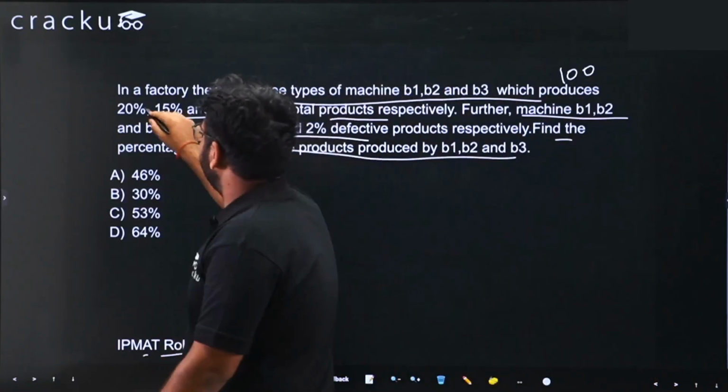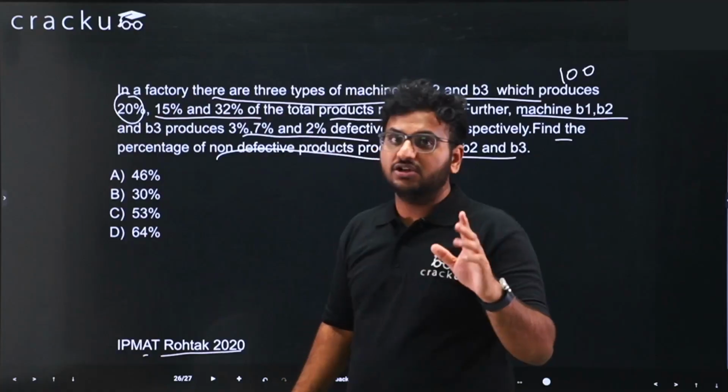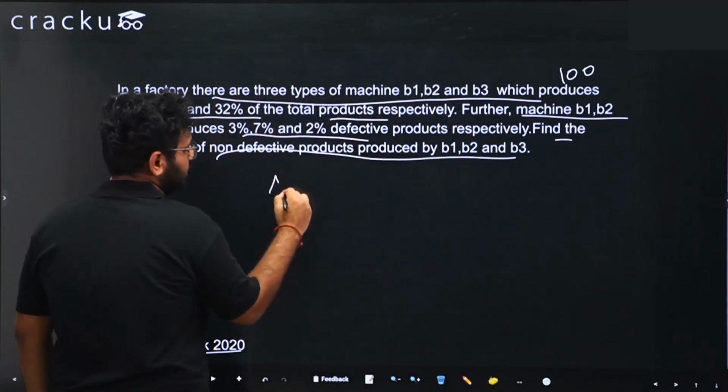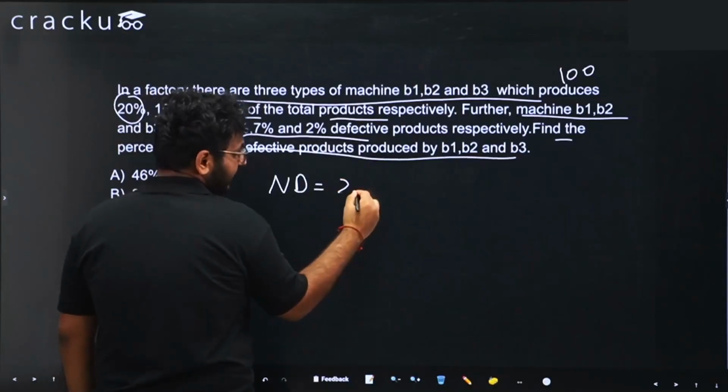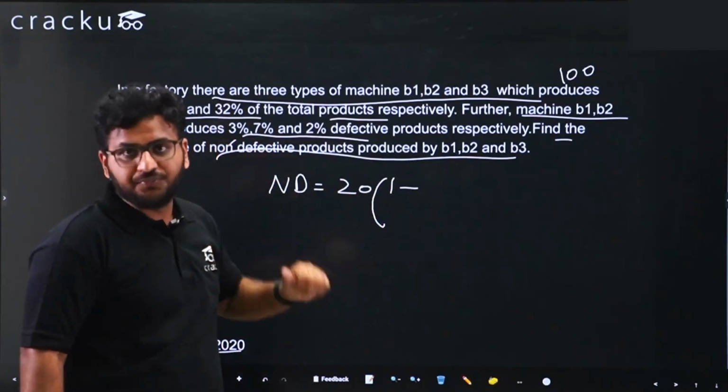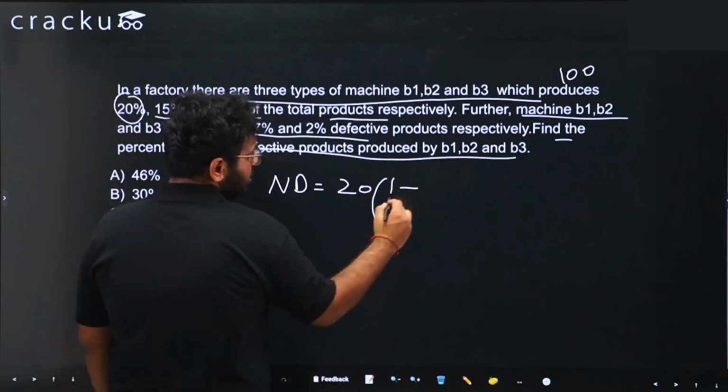So B1 would be producing what? 20% of it. So 20. Now non-defective would be what? 20 into 1 minus 3%, since it is producing 3% defective. So 3 by 100.